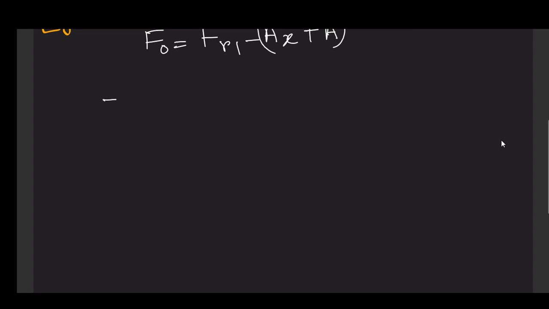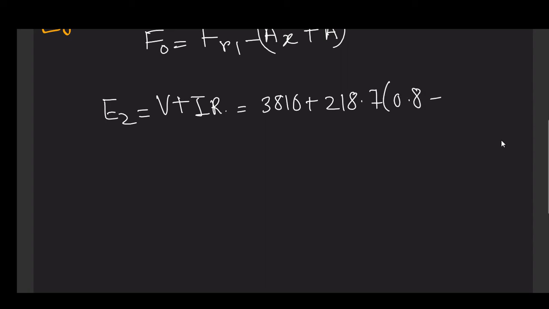So in the MMF method, E2 is equal to V plus IR. If you do it, you will get 3810 plus 218.7 times (0.8 minus j0.6) times 5.